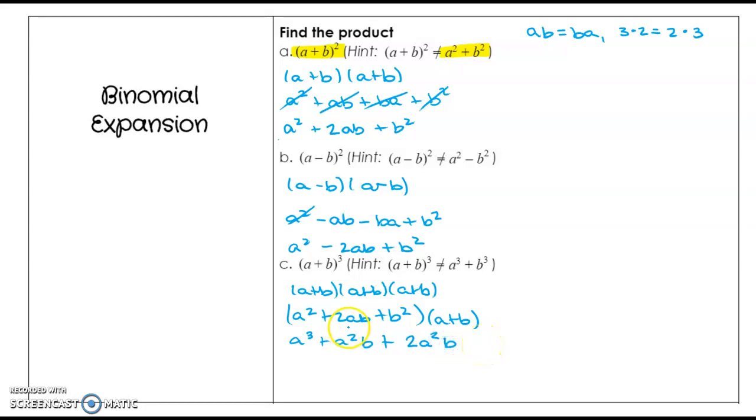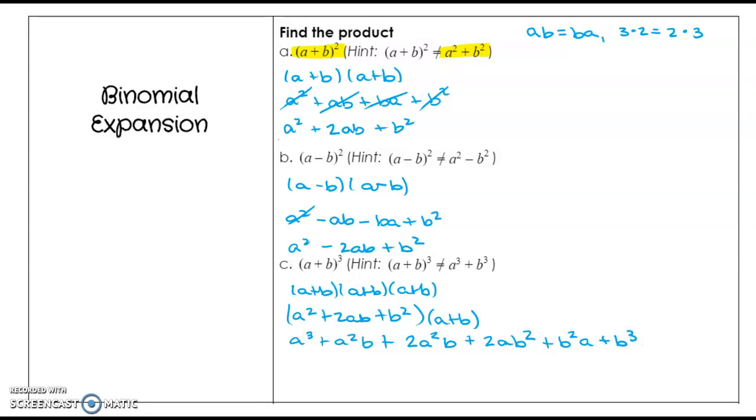And then we have 2ab times b, which is going to give us 2ab squared. And then we have b squared times a, so plus b squared a, and then b squared times b, which is going to give us b cubed.